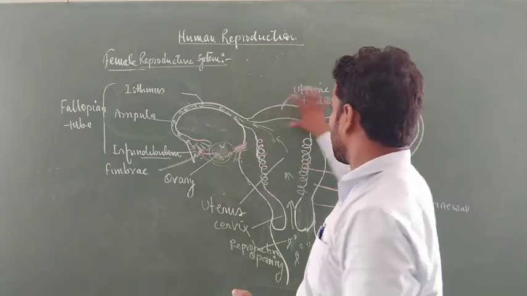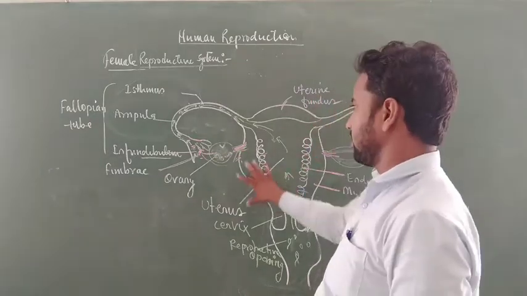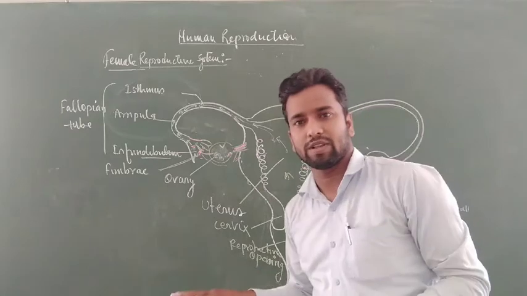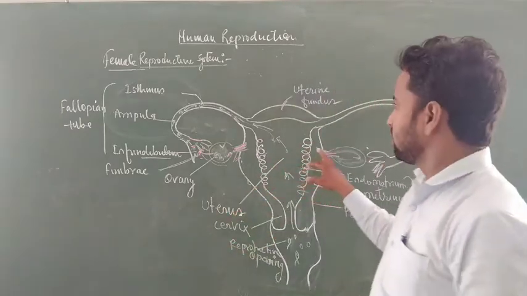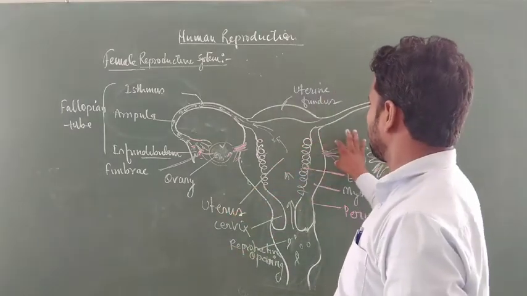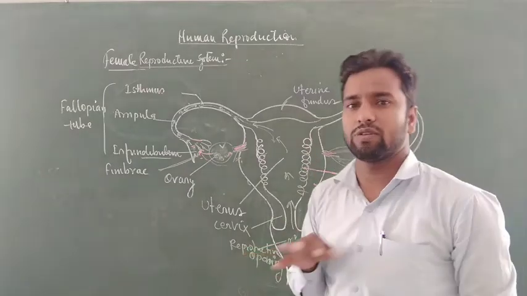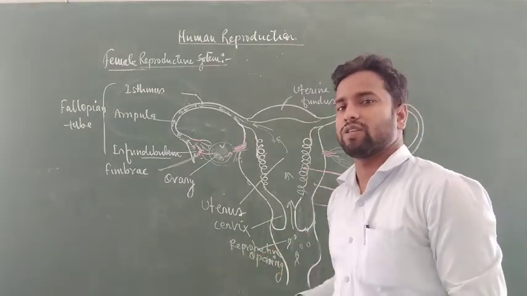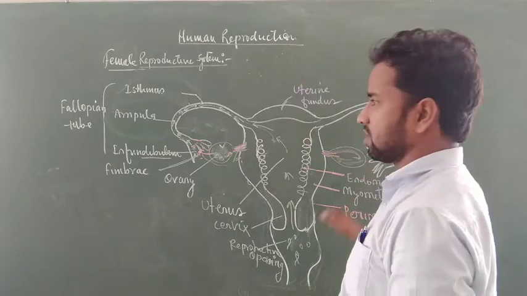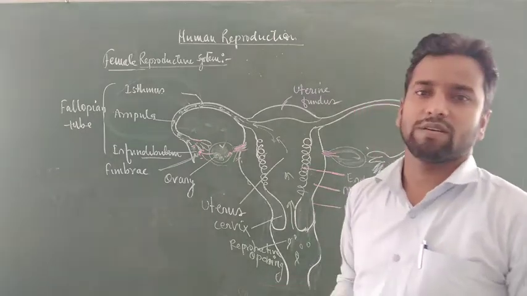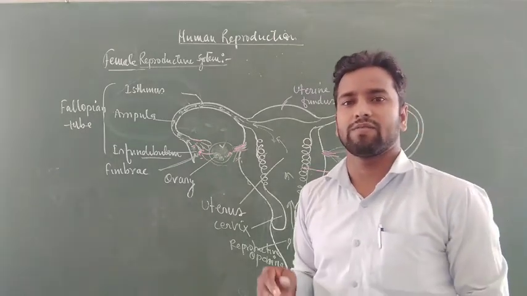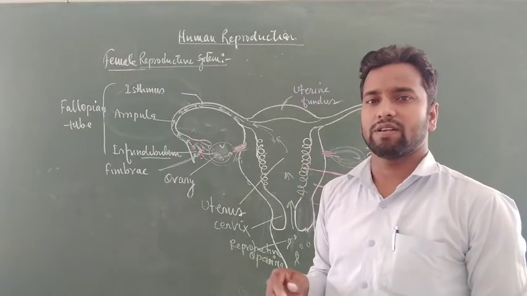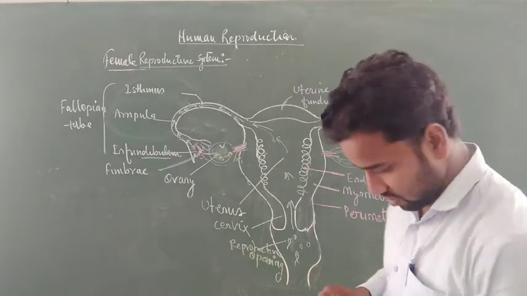All these parts, including the fallopian tubes, uterus and ovaries, are present inside the female abdominal zone. The abdominal zone is just below the thoracic zone. In this zone, other parts of the body such as the intestines, kidneys and liver are also present.